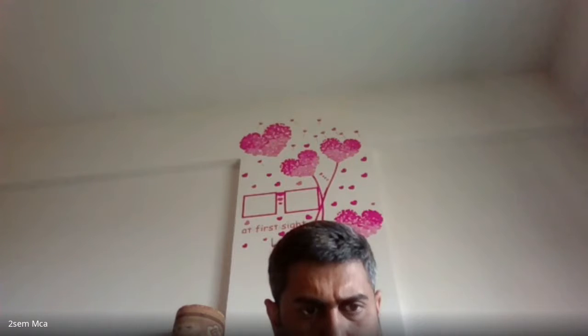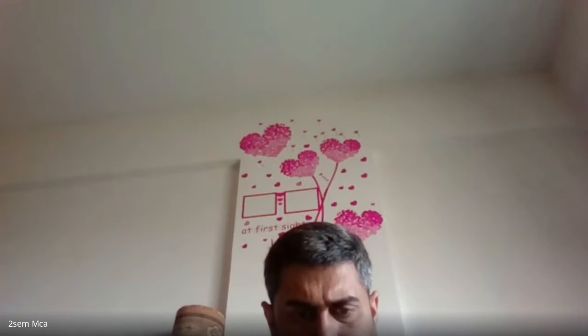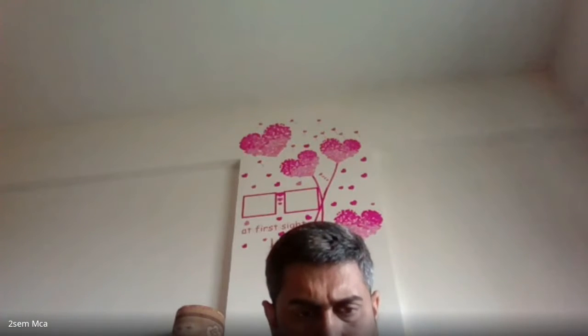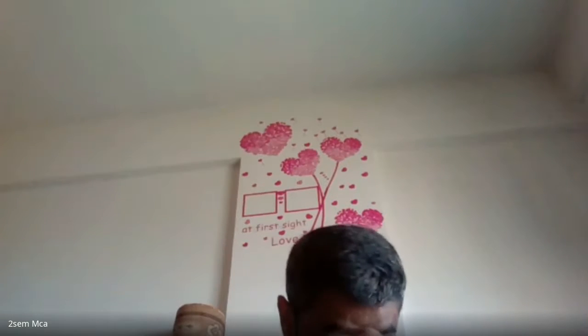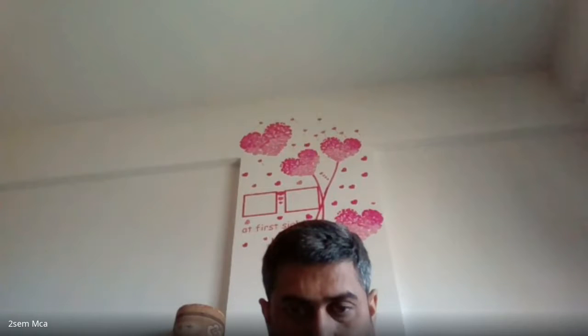Sugandhini? Present, sir. Sushma? Present, sir. Sushmita BS? Present, sir. Sushmita? Present, sir. Tirtha? Present, sir. Trupti? Present, sir. Varsha? Present, sir. Veena? Present, sir.